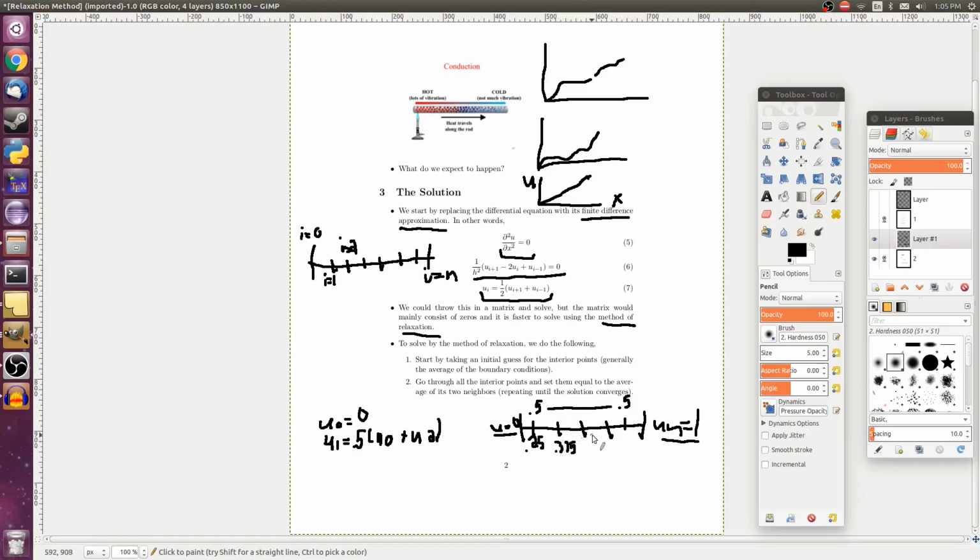So, like I said before, if you cut this into a lot of different pieces, then you'll see that the solution gets better and better the more pieces you add. And then eventually you should get something that looks like this.